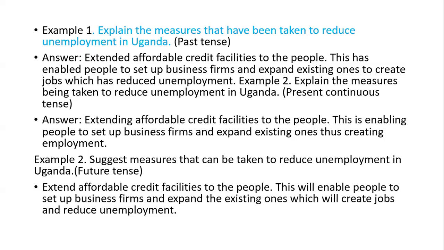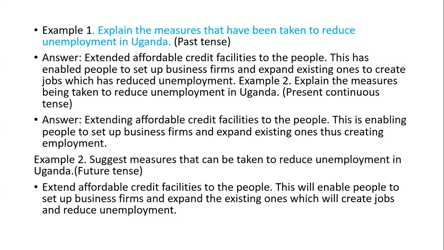If it is about advertising, advertised jobs to the public, what has that one done? It has increased public awareness about the existing jobs, which has helped to solve unemployment. Remain in the same tense.